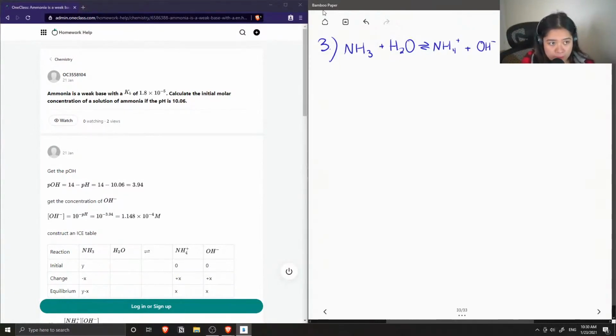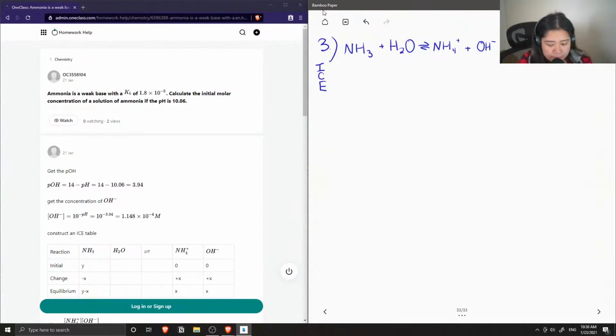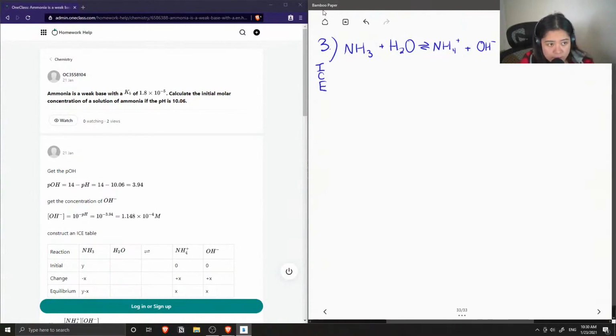So now we can construct an ice table for this reaction. So we are trying to solve for Y, which is the initial molar concentration of a solution of ammonia.